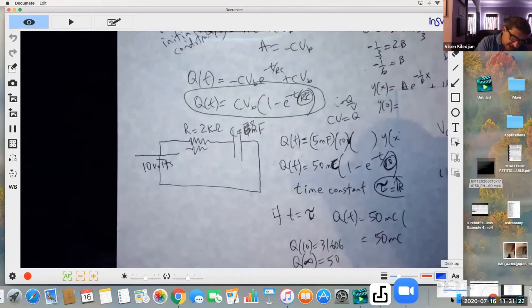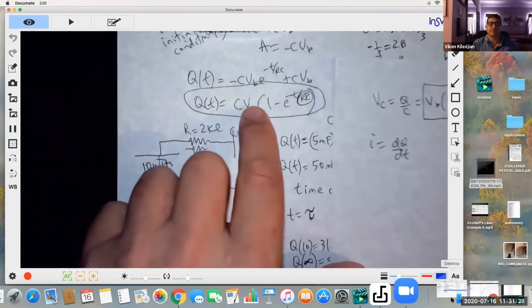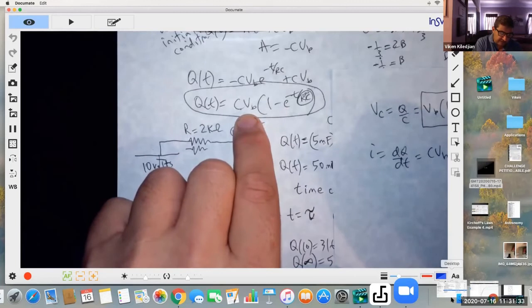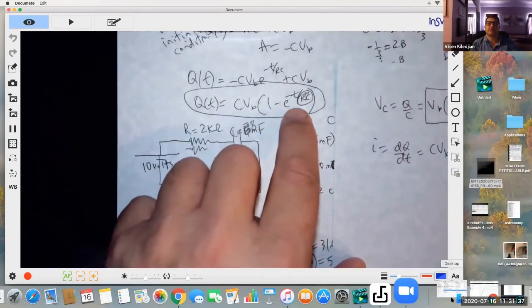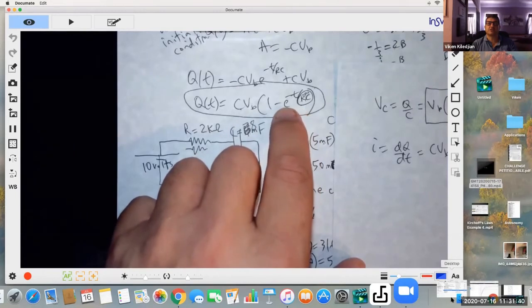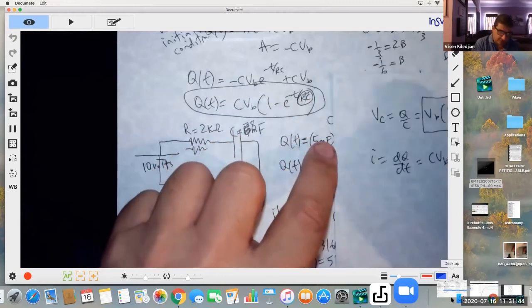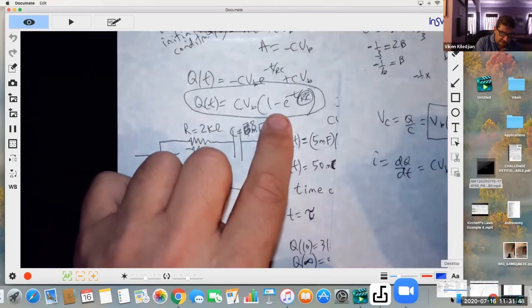I can say I is equal to dq/dt, right? Then take the derivative of this guy. What happens when you take the derivative? C V_B, and then you take the derivative of this guy. So it's just itself, and then the negative 1 over RC comes out. So then you'll get negative 1 over RC, e to the minus t over RC.